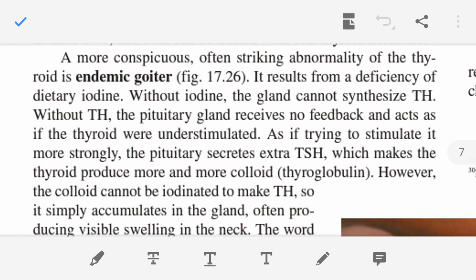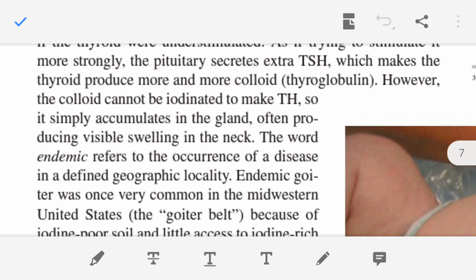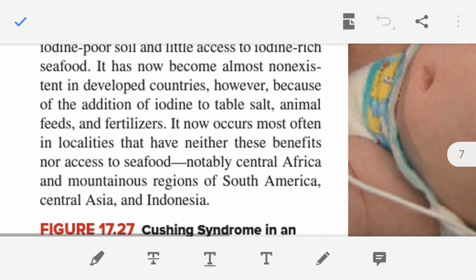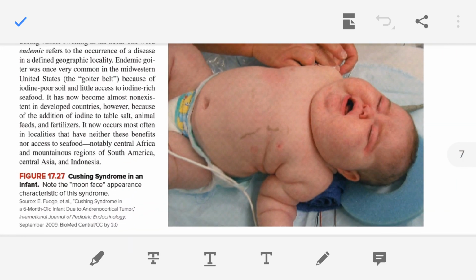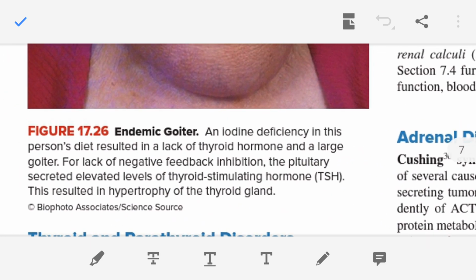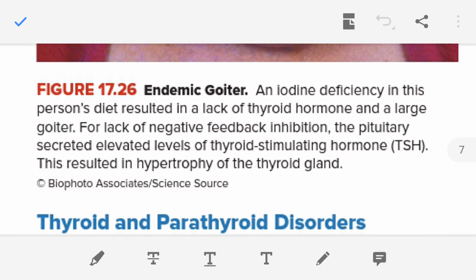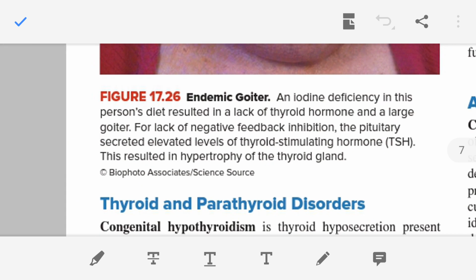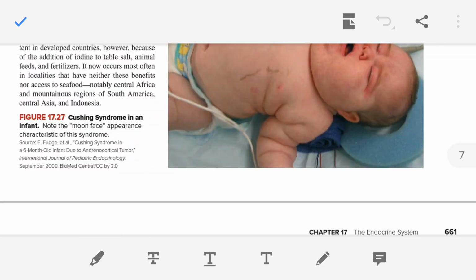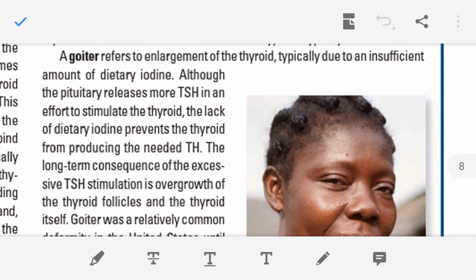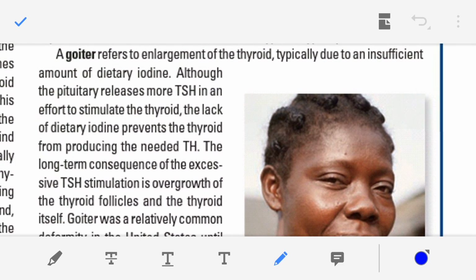Let me show you all the information. Goiter refers to enlargement of the thyroid.